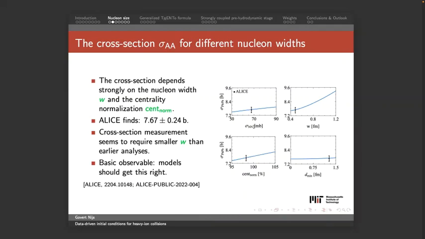No, but sorry, the way you are doing this, if I'm not mistaken, is that you keep the Woods-Saxon radius R0 fixed. Yes. What I'm saying is, if you want to keep the nuclear cross-section constant, then if you increase W, you have to decrease R0. That does make sense, that's a good point, but I cannot give an answer now.